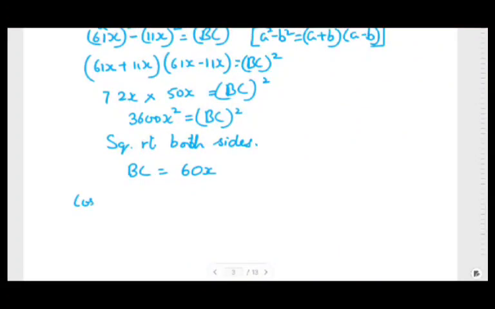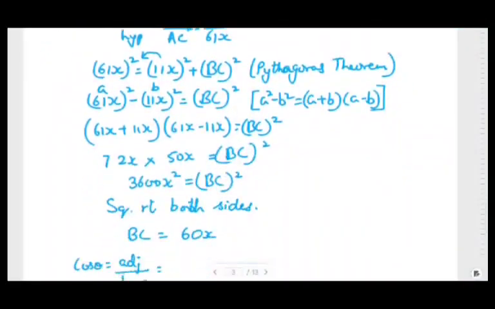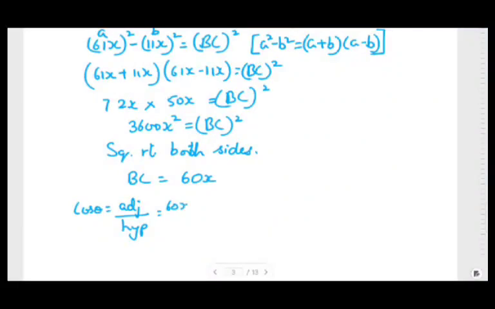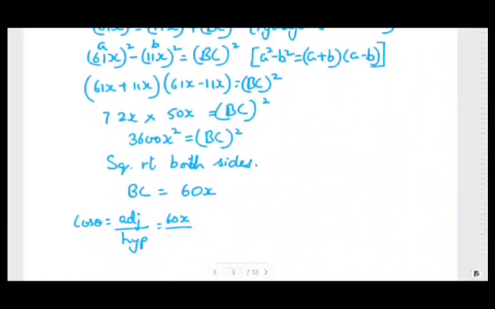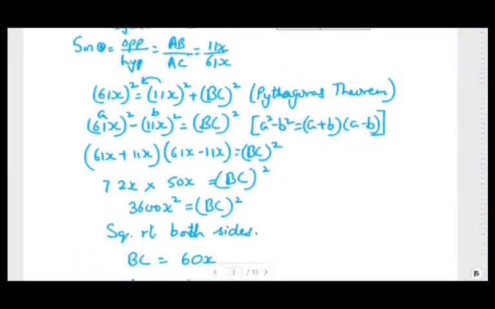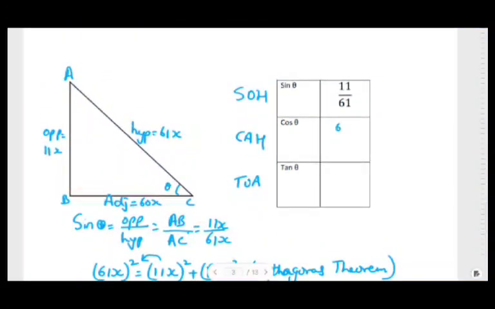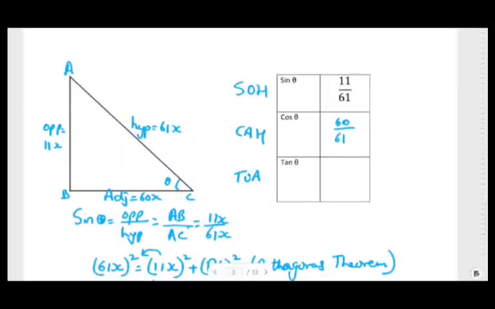How will I find cos theta, which is opposite? No, which is adjacent upon hypotenuse. What is my adjacent? 60x. What is my hypotenuse? 61x. X cancel. 60 upon 61 is my cos theta value. 60 upon 61.